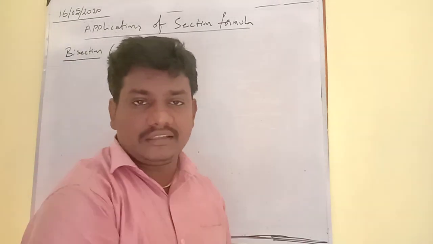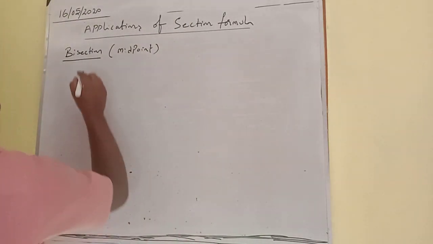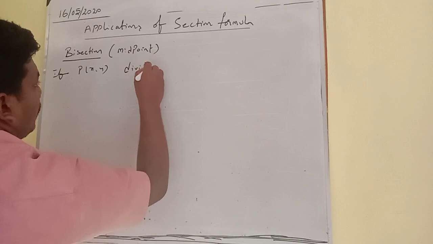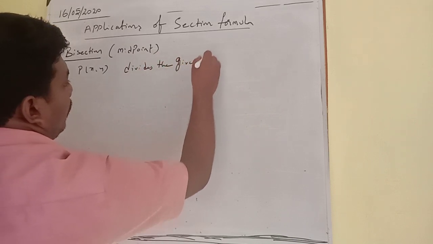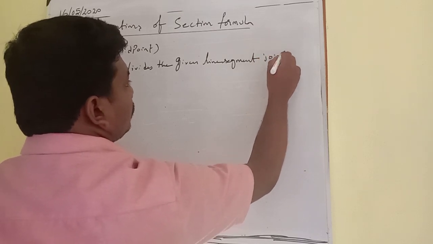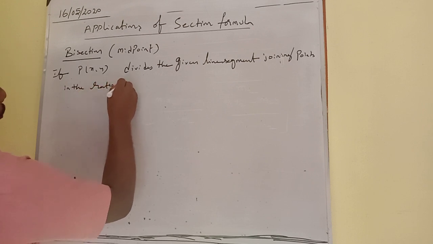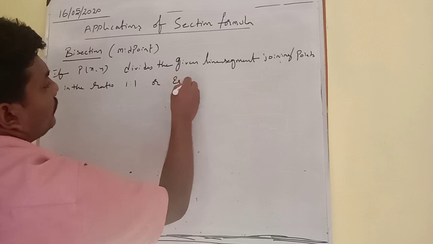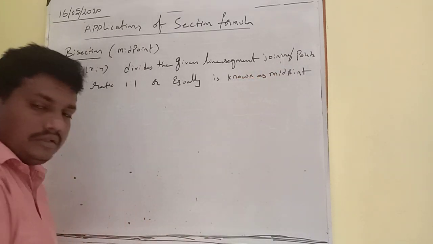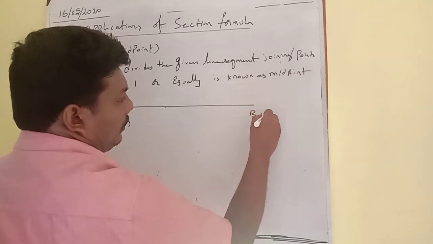If any point divides the given line segment joining points in the ratio 1:1, or equally, that is, if P(x, y) divides the given line segment joining points in the ratio 1:1 or equally, it is known as the midpoint, the middle point.